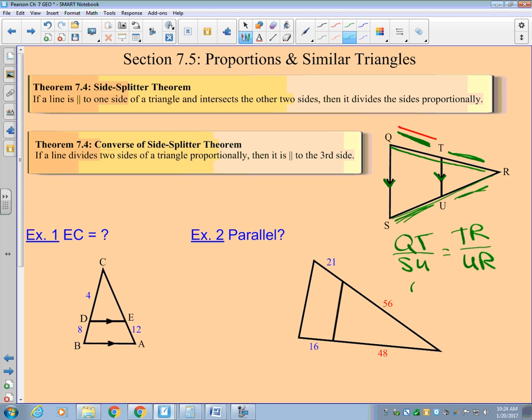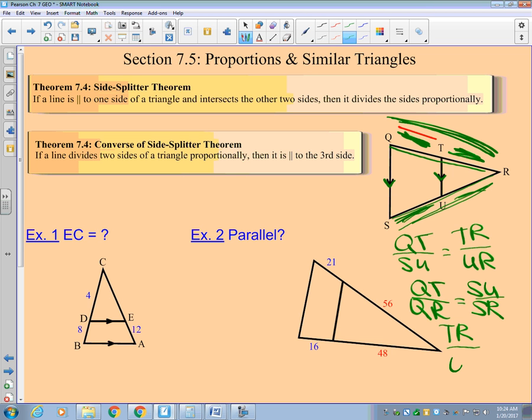So you can say QT, so this distance here, over the entire distance QR is proportional to SU, so it's matching guy on the other side, over the entire length of that bottom side, SR. And then the last proportion we can write is this side TR over the entire side QR.